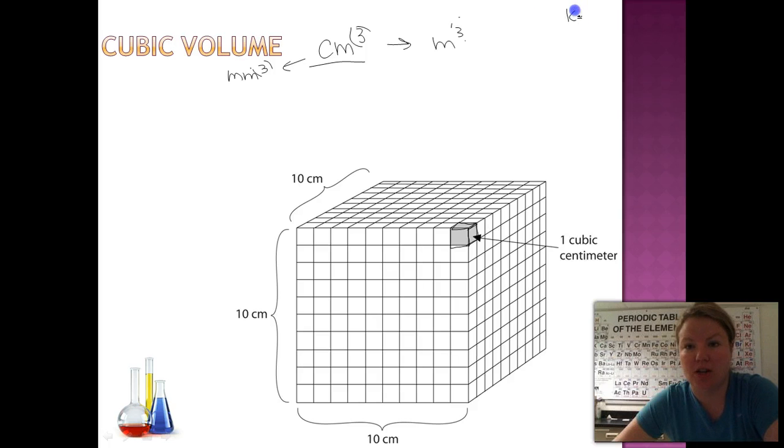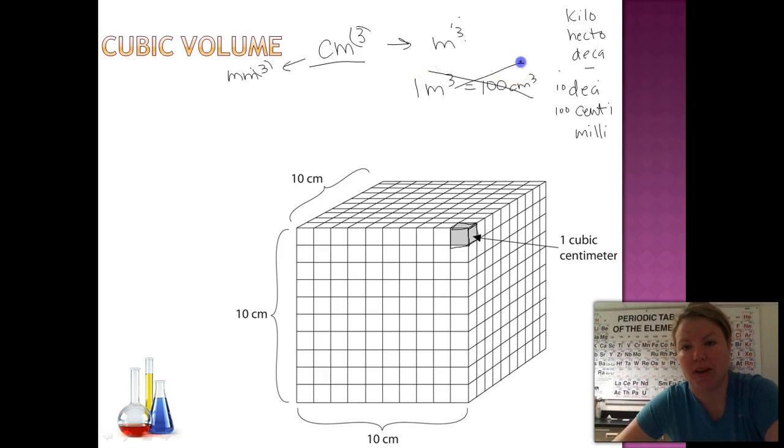Because we can still use our kilo, hecto, deca, base unit, deci, centi, milli conversion chart, but it's not the same. We can't say that in 1 meter cubed, since we have 1, and this would be 10 and 100, that it's 100 centimeters cubed.